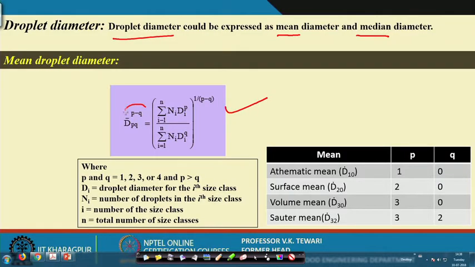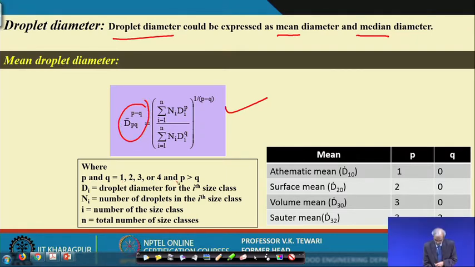See here, P and Q talk of 1, 2, 3, 4, or P greater than Q. Now, this applies when you have a large number of droplets, and you want to represent the diameter of a section or a class of droplets.